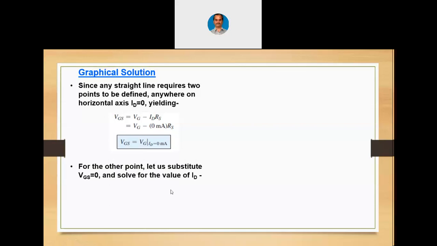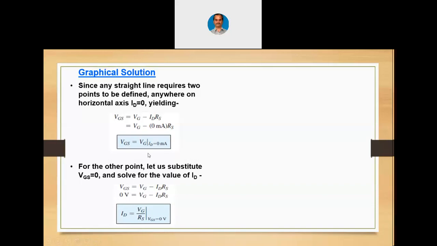Now for the other point, what we have to do? We substituted ID equals 0 here, we got Vg. Conversely, we can substitute Vgs equals 0. We will make the left hand side itself equals 0, and then let us solve for the ID. So, when we put Vgs itself equals 0, we get 0 equals Vg minus ID Rs, or ID equals Vg by Rs.